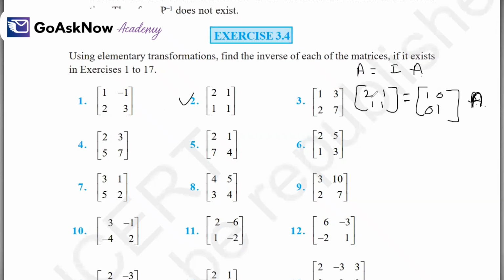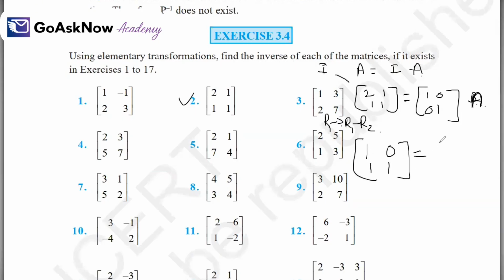Here we try to make more zeros, and make the left side equal to the I matrix, that is the identity matrix. So I will do row 1 changes to row 1 minus row 2. So what you will get on the left hand side? 1, 0, 1, 1.